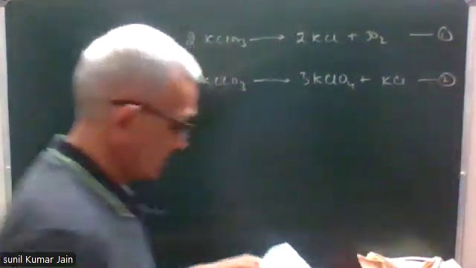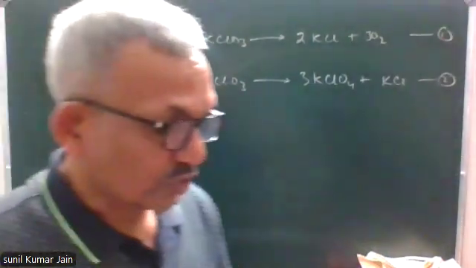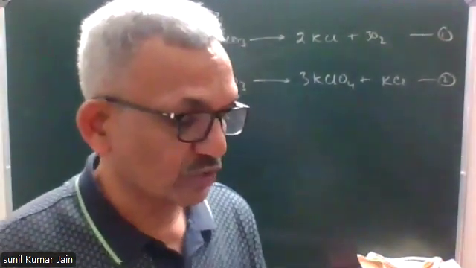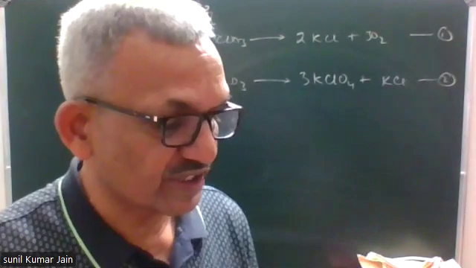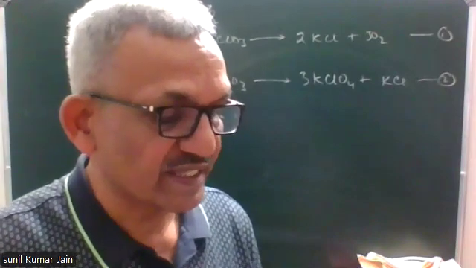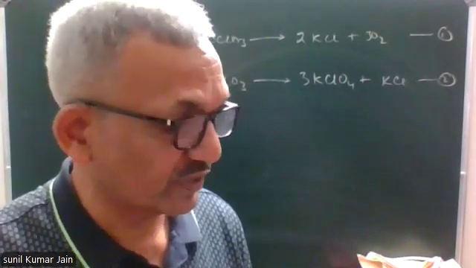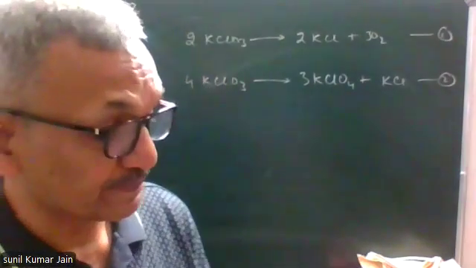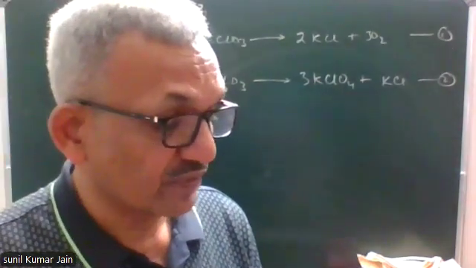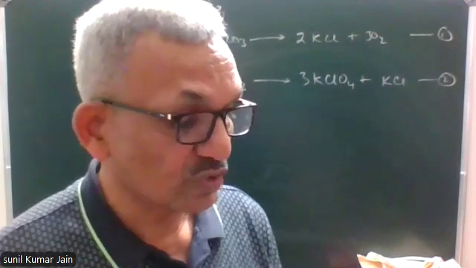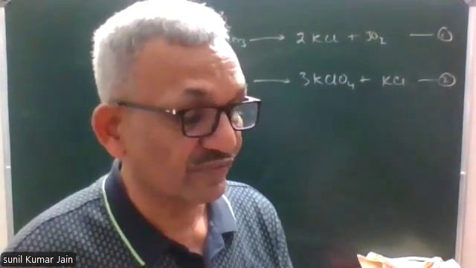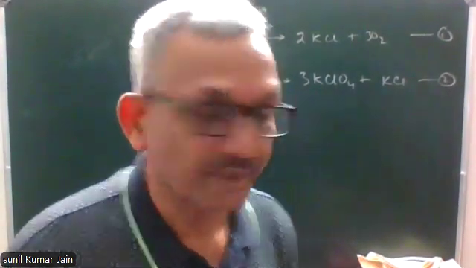This is equation 2. 39.2 grams KClO3 was heated under such conditions that it simultaneously decomposed according to the following two equations. Calculate the amount of KClO4 produced if 6.72 liters of oxygen was collected.